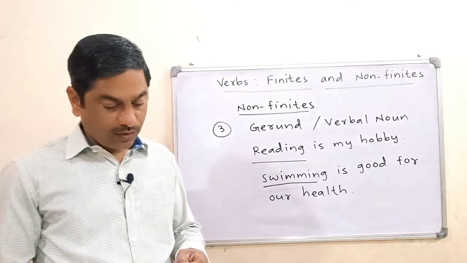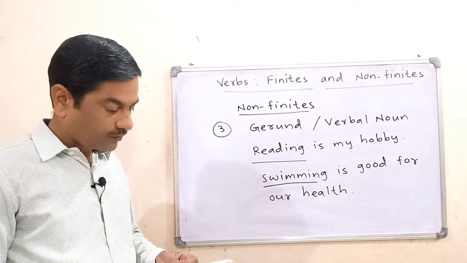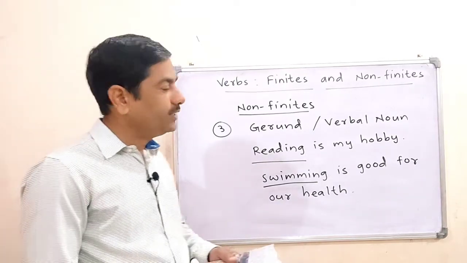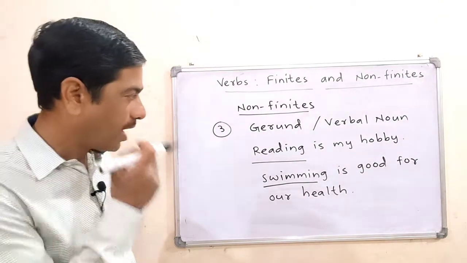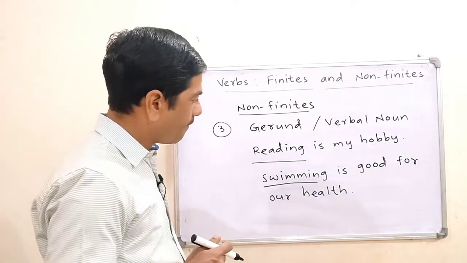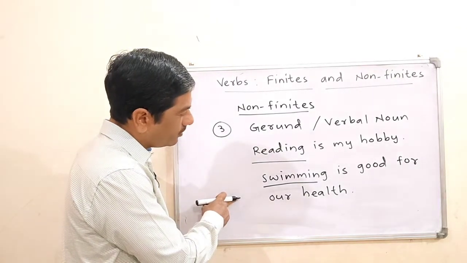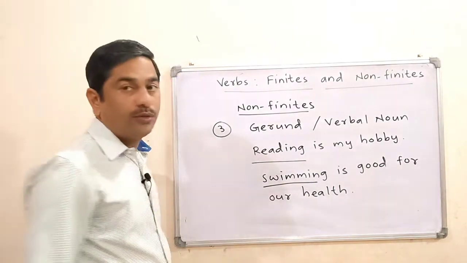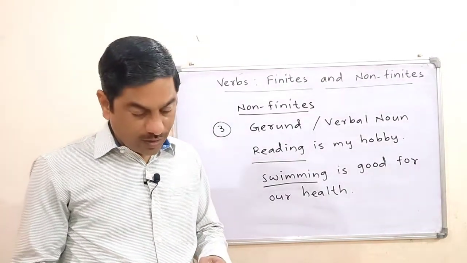So I think you have understood what is a gerund or what is a verbal noun. Reading is my hobby. Swimming is good for health. So we have taken two examples of gerund or verbal noun.